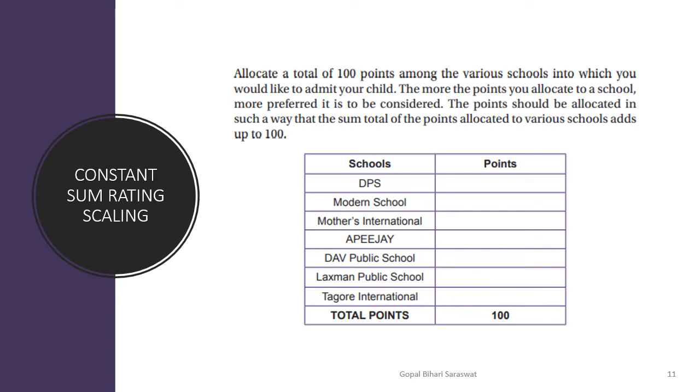Let's say 80% to DPS, maybe Modern School 10%, then 5% to APJ, 5% to DAV, and the rest 0. But the overall points remain 100. Like this, the constant sum rating scale works in the comparative scale.